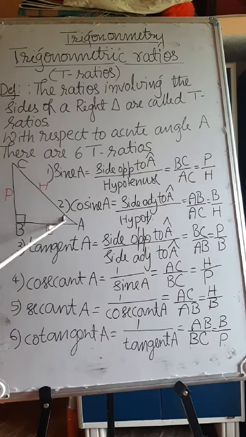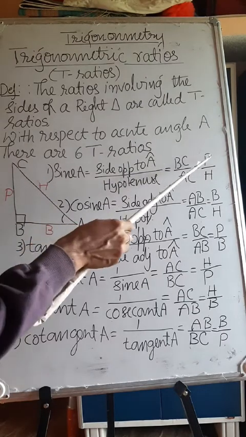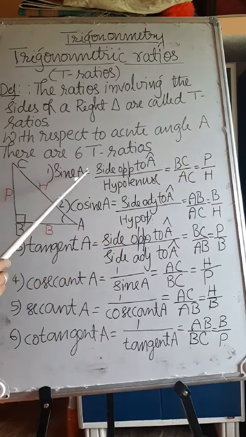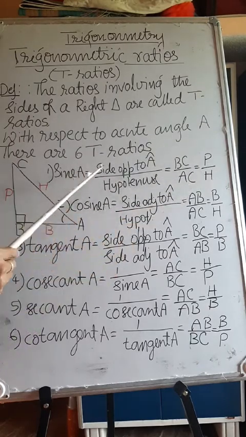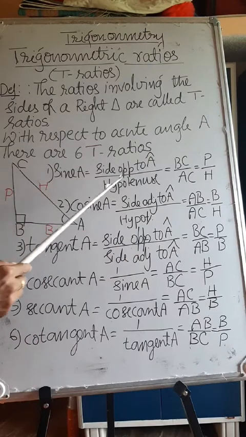Which is the side opposite to angle A? BC. Which is the hypotenuse? AC. As I said earlier, the opposite side is represented by perpendicular. Therefore, sine A is nothing but perpendicular divided by hypotenuse.